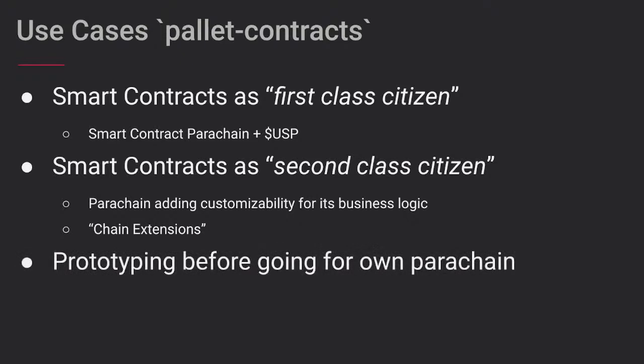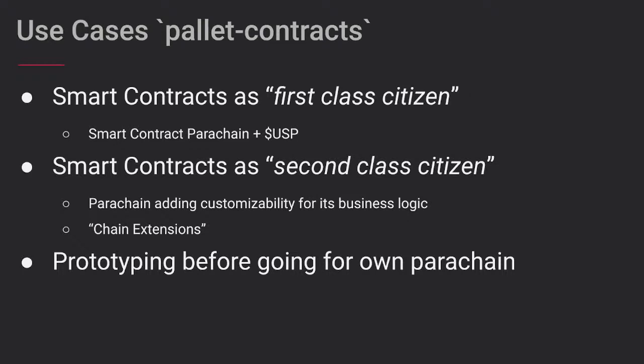And then one last thing you should be aware of: if you later want to encode your business logic in your own parachain, you can always start by building an Ink smart contract. It's already business logic encoded in Rust.